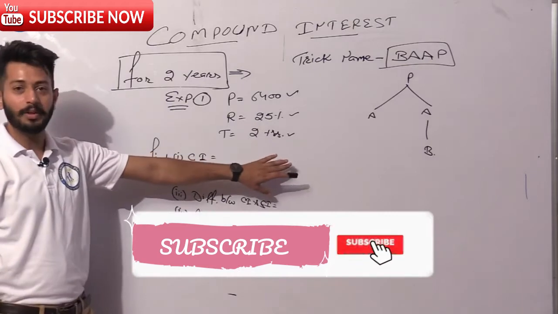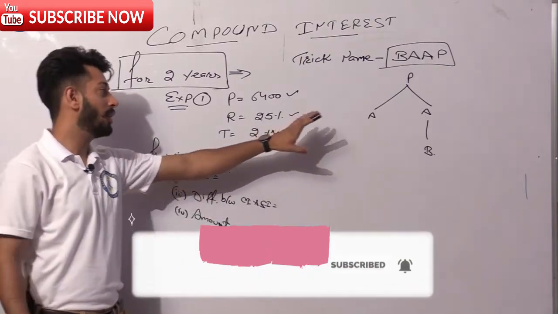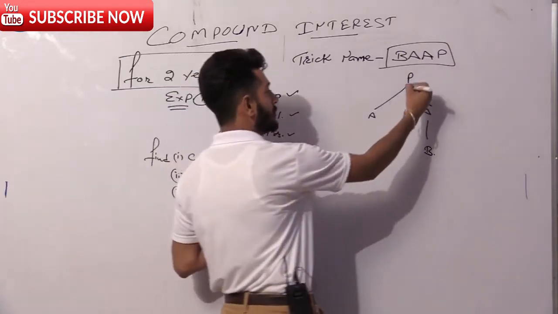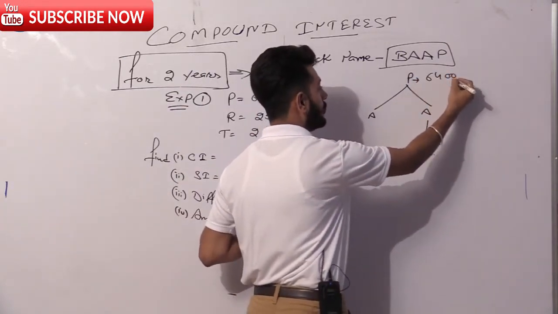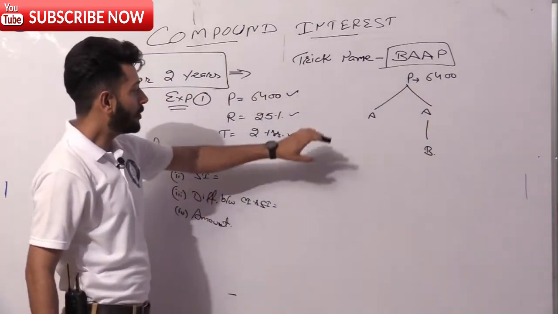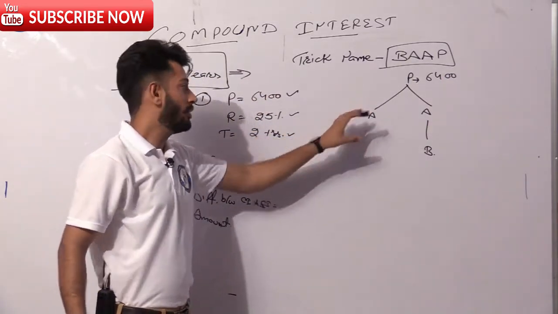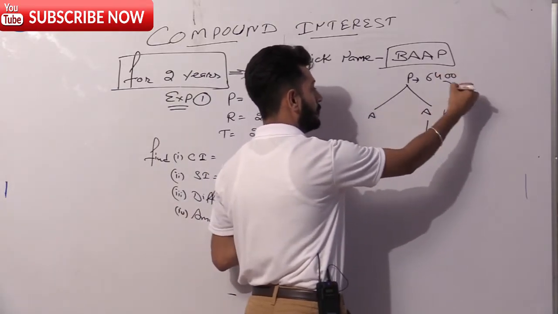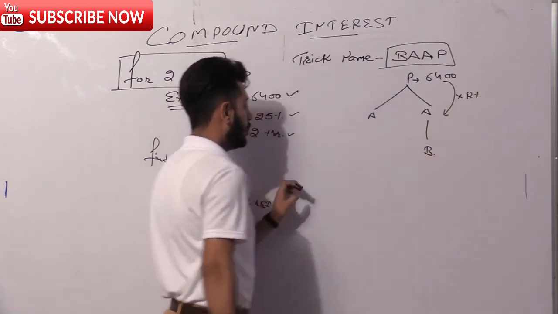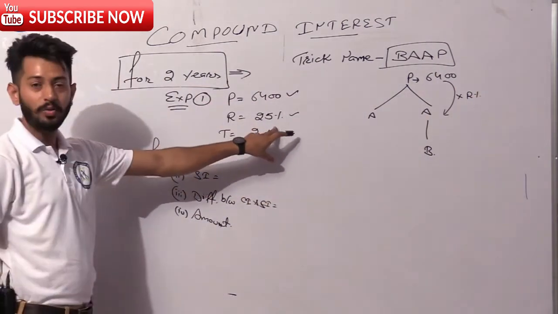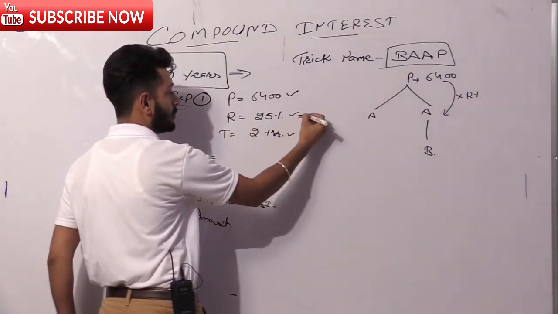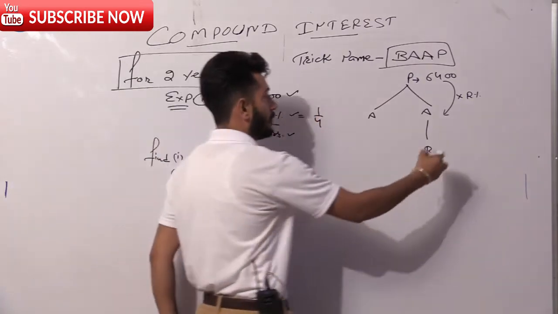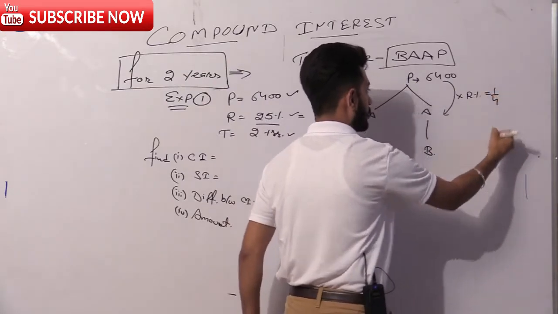Let us take an example through which we can learn how to use this diagram to solve the example. The value of principal given is 6400. Now we have to calculate the value of A. While moving downward in the diagram, we have to multiply the P with R percent. We can convert this R percent to a fraction only to reduce the calculation. 25% means 1/4.